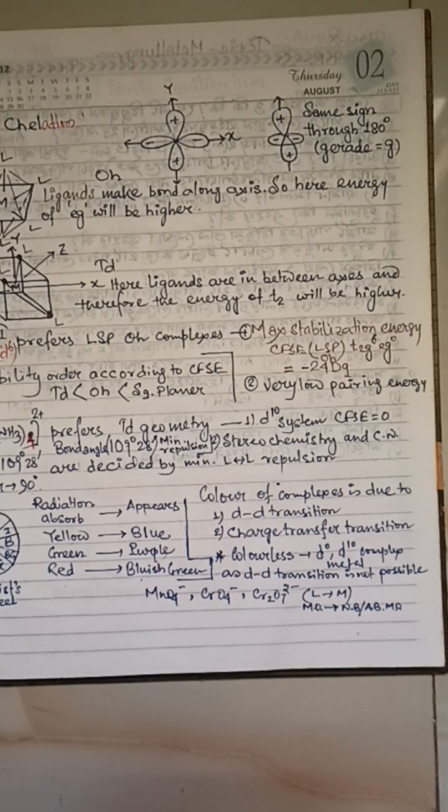Another factor is charge transfer transition, which generally occurs in ions, where charge transfers from the ligand to the metal. If there are no d orbitals, or all the d electrons are paired or filled, there is no d-d transition, so we get colorless complexes.